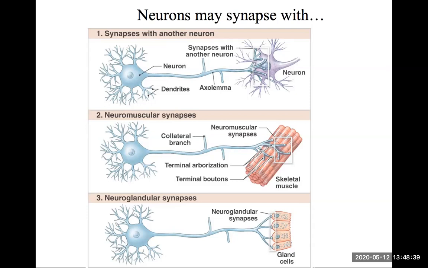So that's the same idea here. There's that neuromuscular synapse, so if you zoom in here, that's what we were doing previously. Or that same neuron may synapse with glandular material, and that's going to cause, for example, secretions to be released from those glands.